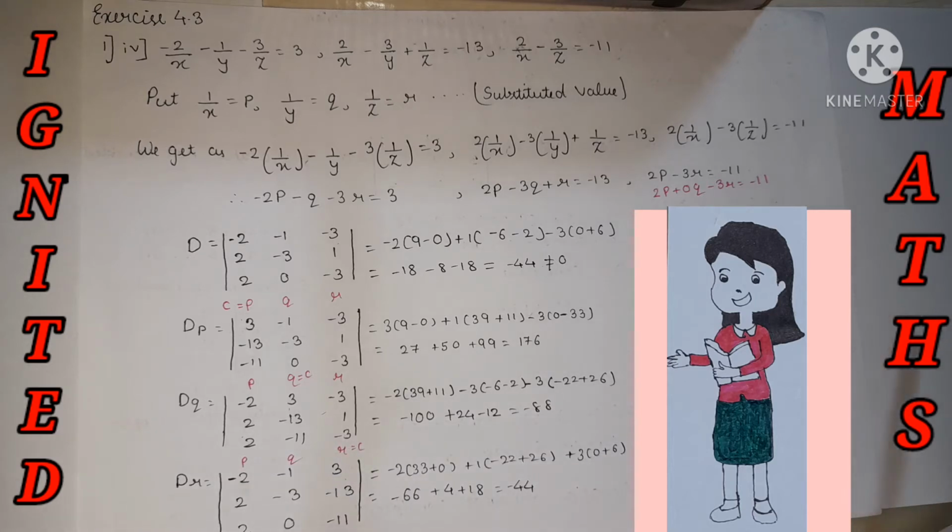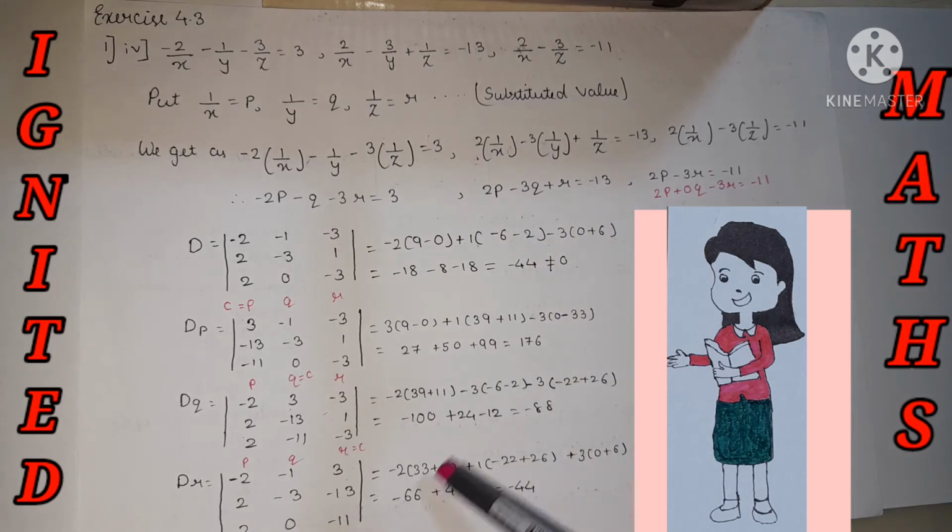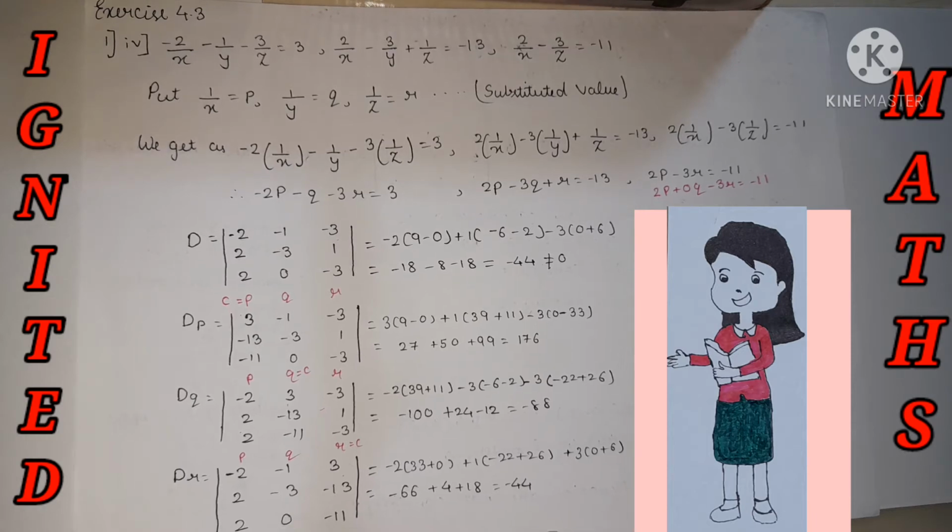Now the dr value, that is nothing but the p term and the q will be the same, and in place of the r, for dr, we need to write all the constant terms from the three equations given. We have done with it, and we need to solve the value of the 3 cross 3 determinant by expanding any of the rows or columns.